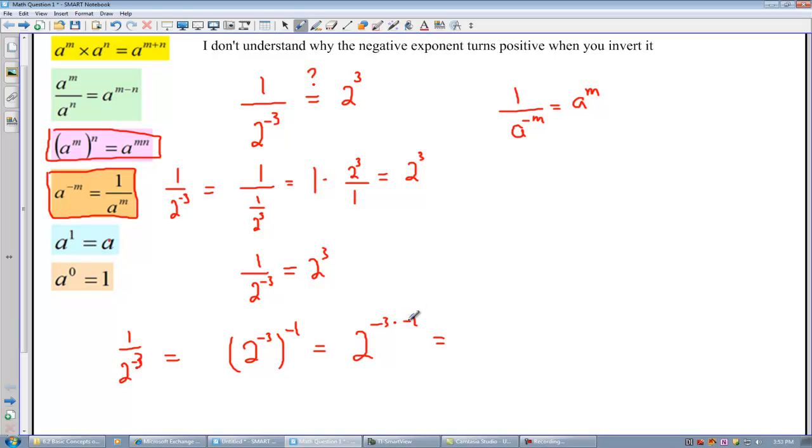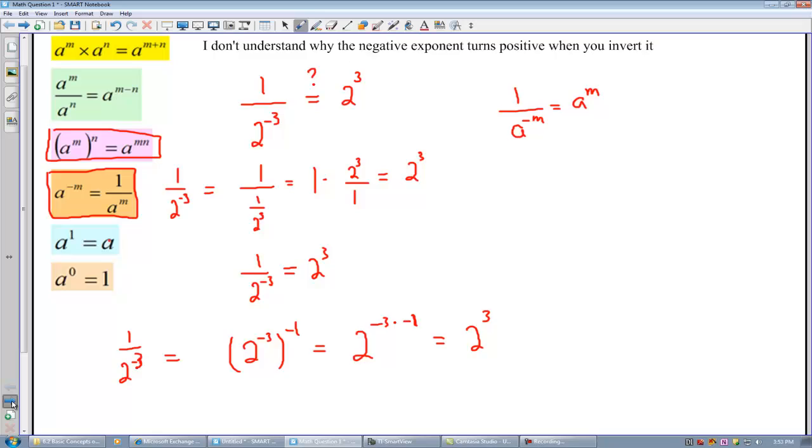And we know if we take a minus 3 times a minus 1, we get a positive 3. Negative times negative is a positive. So that's another way to show why the negative exponent turns positive when you invert it. And again, instead of writing a 2 here, you could write an a, and instead of a 3, you could write an m, and this all will follow.